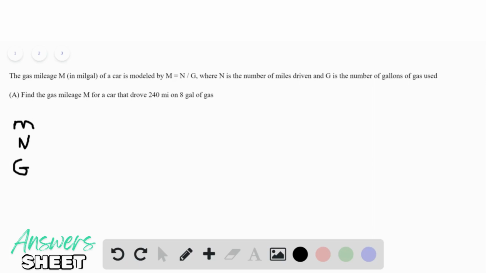The gas mileage M in miles per gallon of a car is modeled by M equals N divided by G, where N, see, it already tells us what N is. N is the number of miles driven, and G is the number of gallons of gas used. So from this information, we can tell that M equals the gas mileage, which I will abbreviate GM. N equals the number of miles driven.